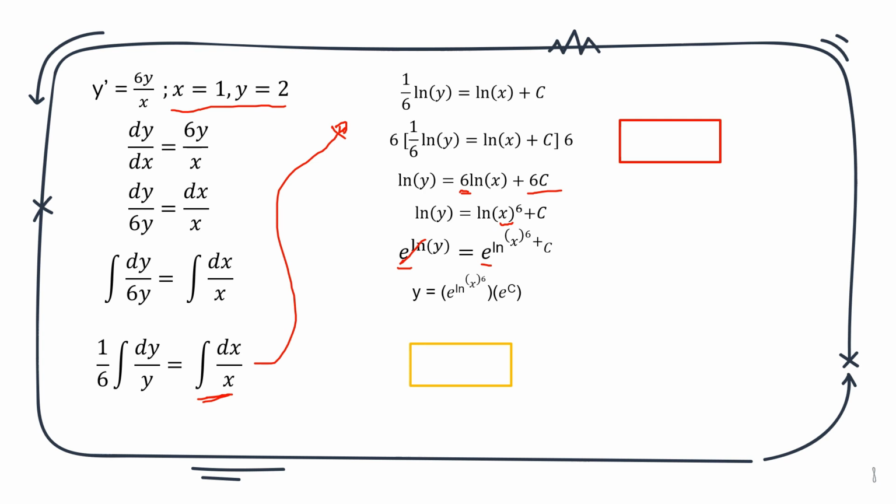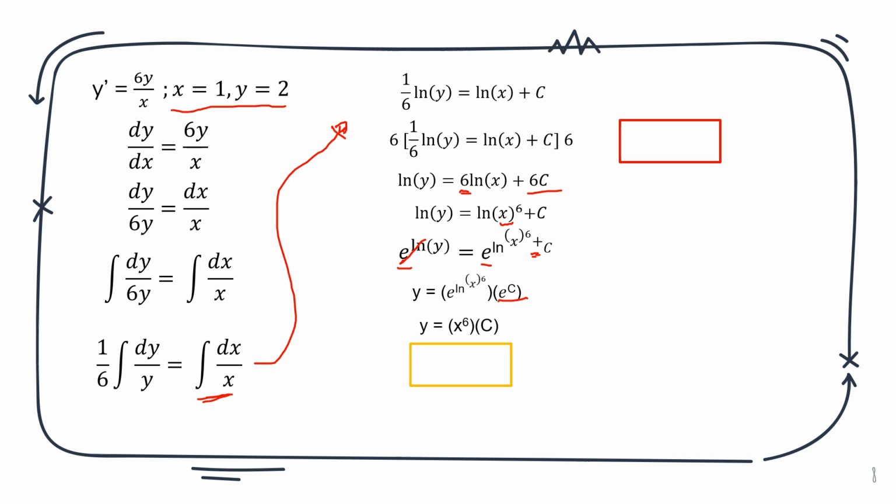Ang matitira na lang ay y is equal to e raised to ln of x raised to 6. So, by following the natural logarithmic rule, etong plus na to, pwede natin siya i-rewrite as multiplication ng e raised to c. So, e raised to c ay simply constant pa rin.